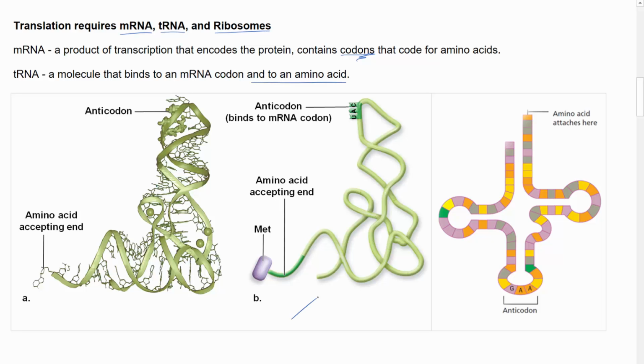So this image here shows a tRNA molecule, and at one end of that tRNA molecule is the amino acid. At the other end of the tRNA molecule is a 3-base sequence referred to as an anticodon. And you can probably guess that the anticodon is the part of the tRNA molecule that's going to bind to the codon in the mRNA molecule during translation.